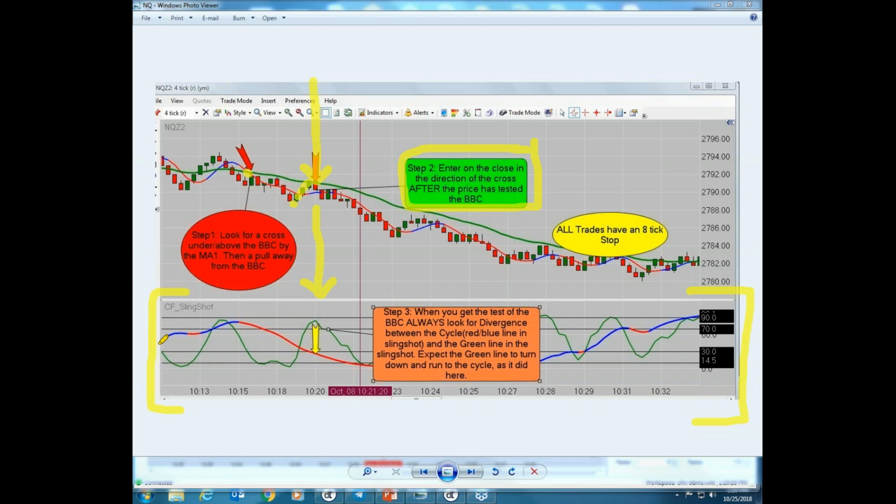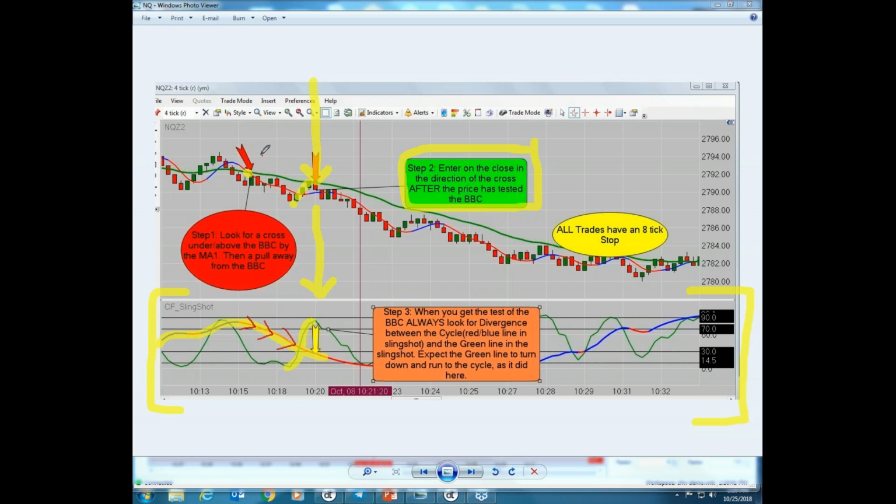So again, some more buzzwords here. This red and blue line is referred to as the cycle. Okay? And the green line, well, it's just the green line. There's nothing special about it. But here's the scoop. What the cycle is doing, the fact that it's red, it's telling us the trend is down.